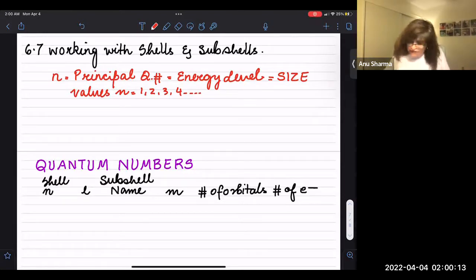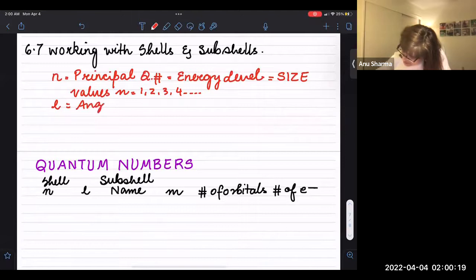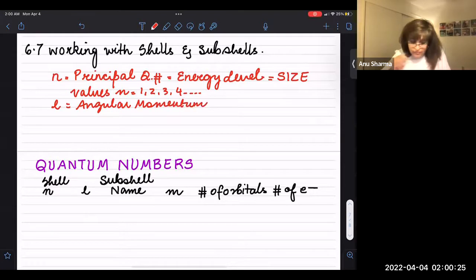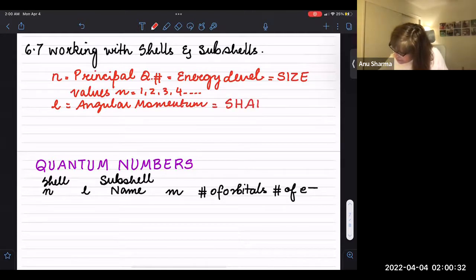Then comes the next one, L. So what does L stand for? L is the angular momentum. Angular momentum relates to the shape. So this is the shape of the orbital.